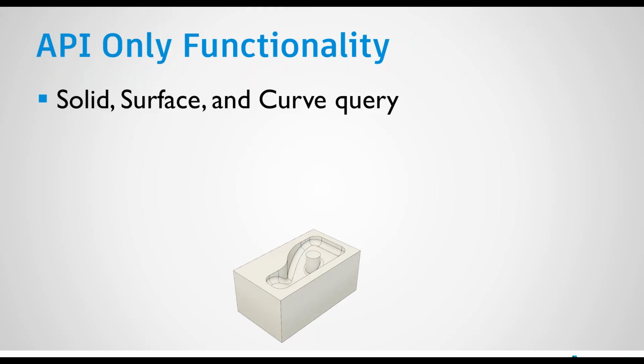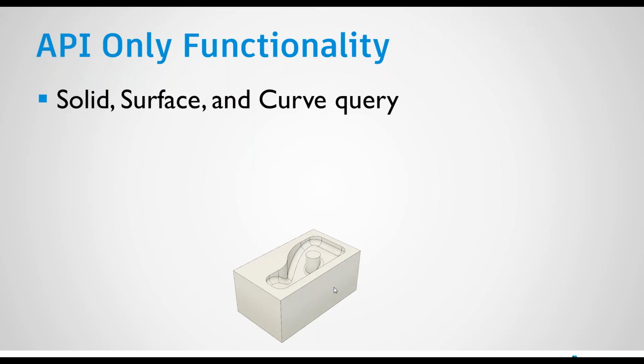There's also some functionality in the API that's specific to the API. It's not equivalent to a command, but something that's only in the API. One of those is to be able to get detailed information from a model.